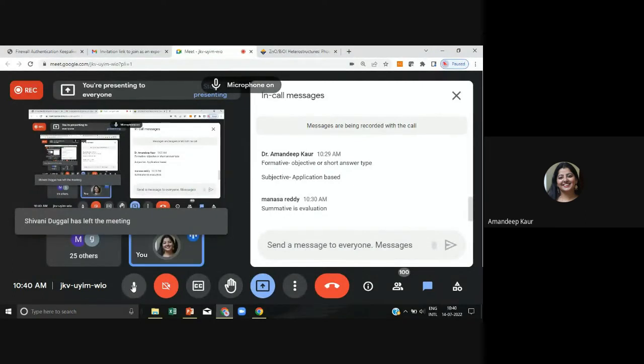Now, my request to all the participants to kindly read the statement given on the PowerPoint presentation and try to analyze what is the difference between the poor item and the better item.